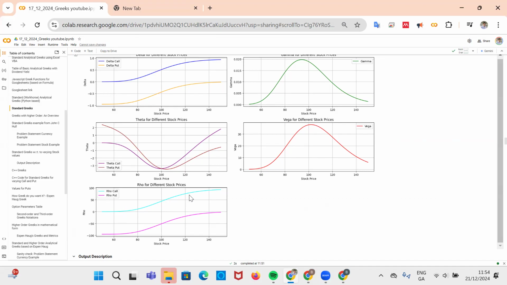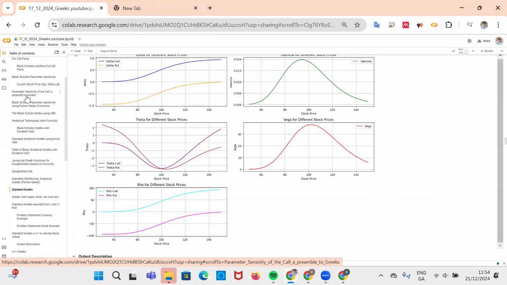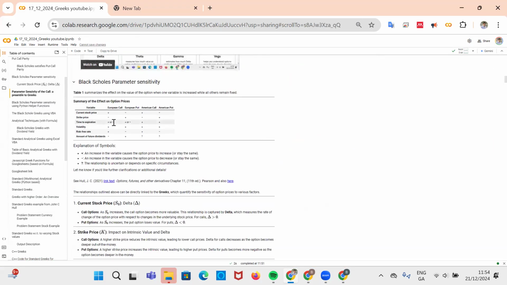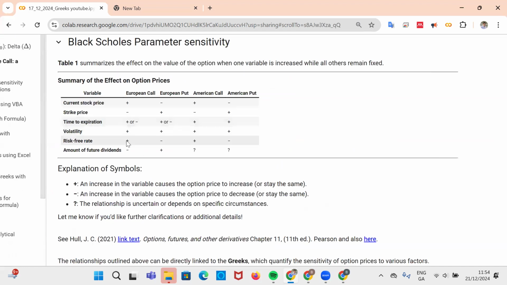So in the case of increasing, if I go back to the option properties, the parameter sensitivities, if you increase the interest rate, the value of the call goes up, the value of the put goes down.